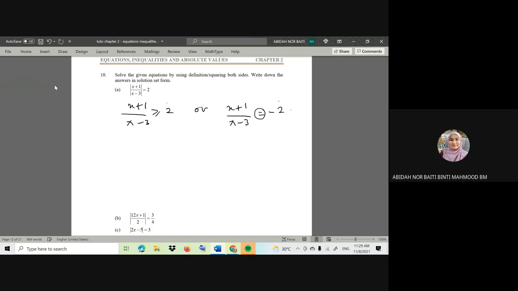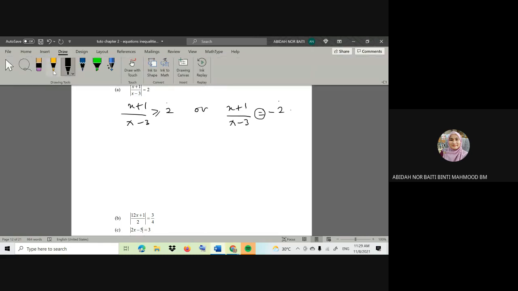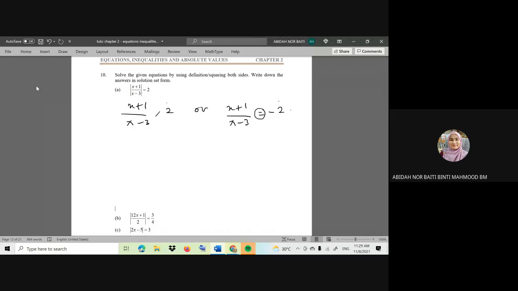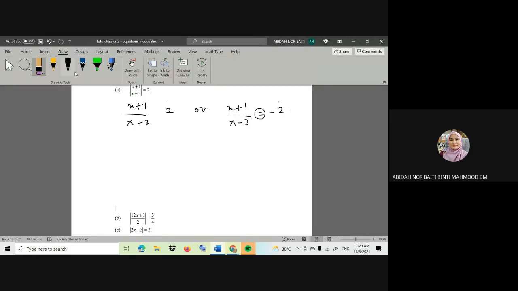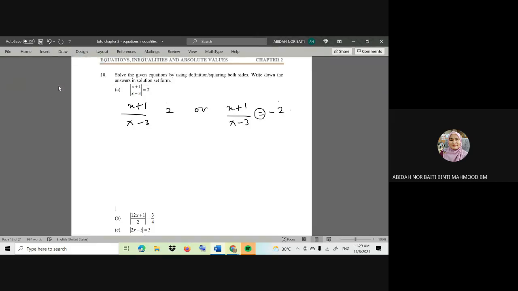So we cannot cross multiply for inequalities. Kita hanya boleh cross multiply kalau sign dia adalah equal sahaja. Therefore we can cross multiply, so we get 2x minus 6. So ni pun samalah, we can cross multiply because equation, so we get negative 2x plus 6.